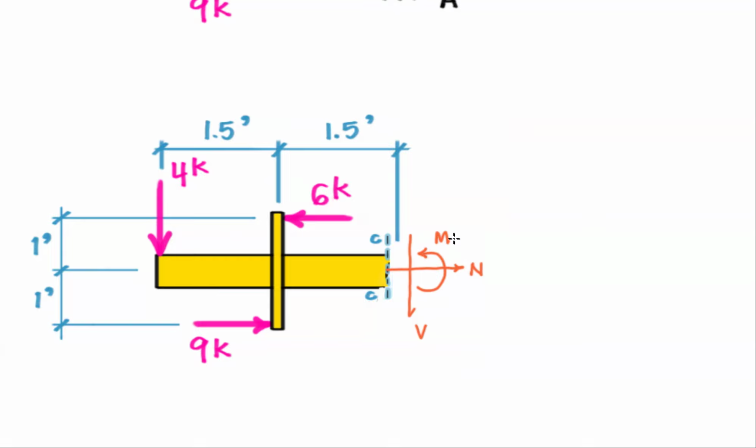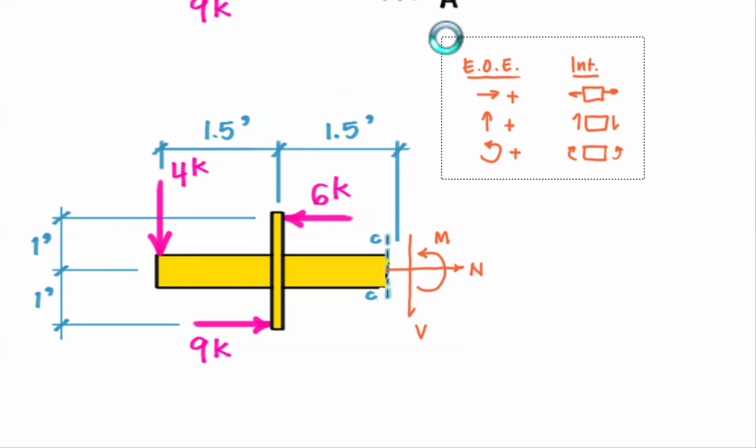Now remember, for all these internal force problems, we have the two different sign conventions. So we've got equations of equilibrium, the ones we've been using, so this way is positive, this way is positive, and this way is positive. And then we have our internals, okay? So this is defined as positive, that's defined as positive, this is defined as positive, to be able to go back and forth as the problem continues. I'll leave that up there for now, I think.